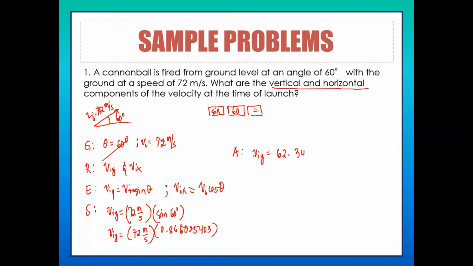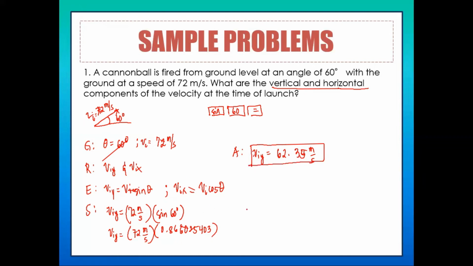Yung katabi ni 5 ay 3. Okay, so hindi naman natin mara-round off si 5 kasi not greater than 5 or equal to 5. So the unit is meter per second kasi velocity. So this is for v sub iy. We're not yet done kasi we're still looking for v sub ix.